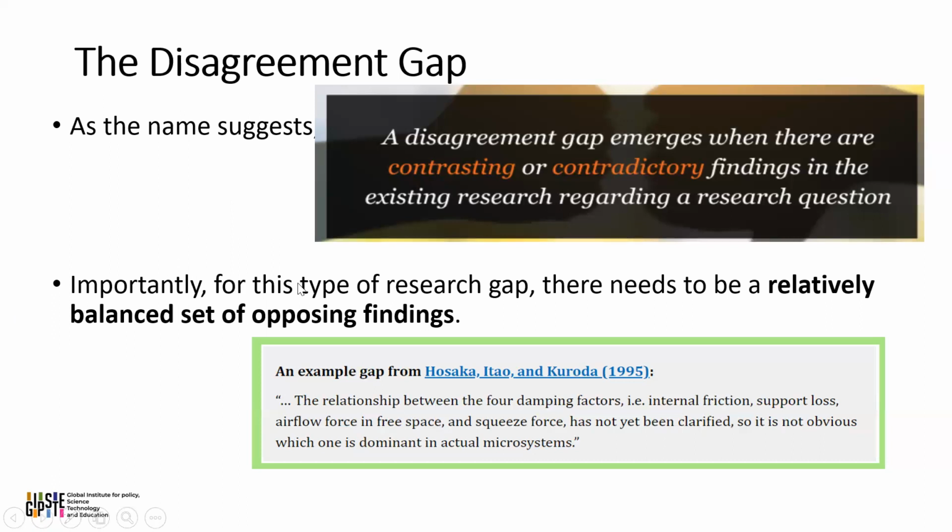Importantly, for this particular type of research gap, there needs to be a relatively balanced set of opposing findings. So you cannot have maybe about 90% of the articles saying A and 10% saying B, and you say there is a disagreement. No. They should have a set of balance. Maybe 50%, 50%, or maybe 55, close to maybe 50 or 45.